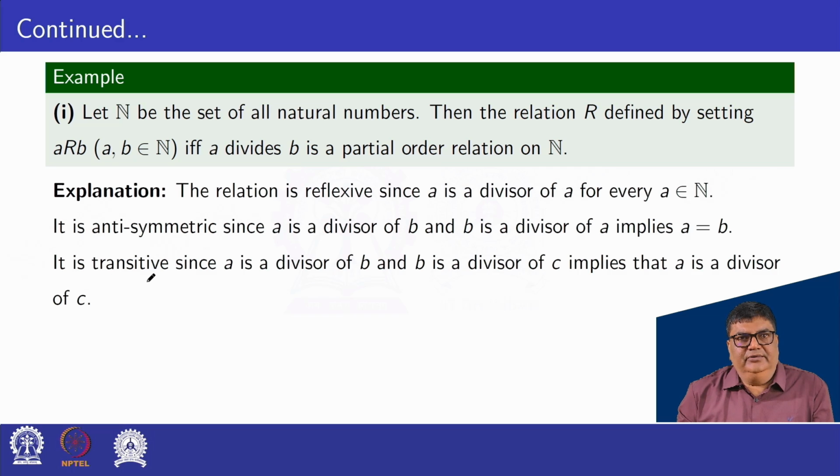It is transitive since a is a divisor of b and b is a divisor of c implies that a is a divisor of c.